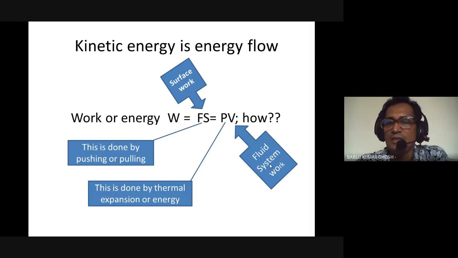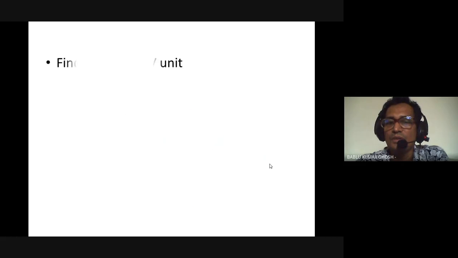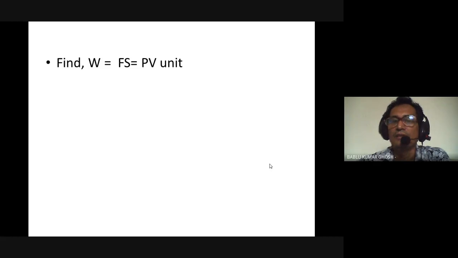So far we have not yet discussed the mass flow or volume flow. If so, then find out W equal to Fs, and the Pb unit. You know the unit, what we need to write. Force unit is what? Force is Newton, yeah? And you know force F equal to ma.